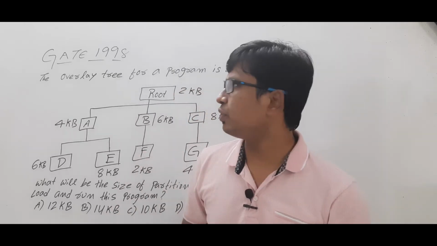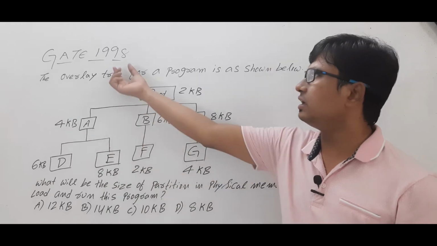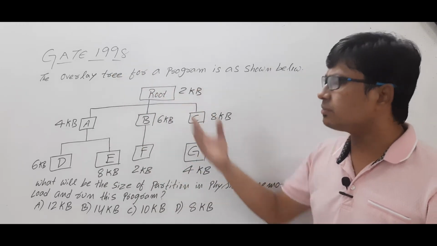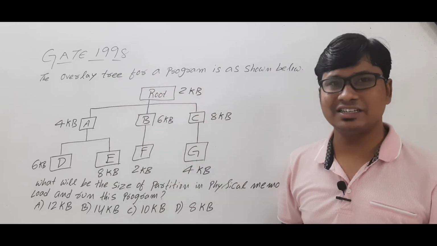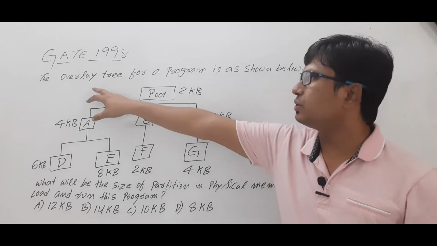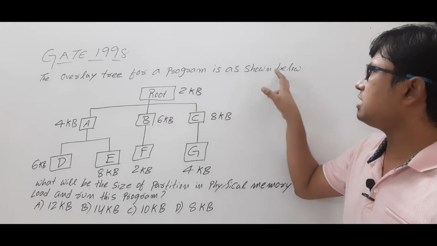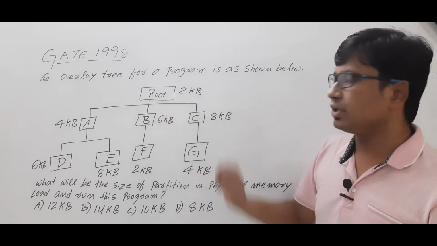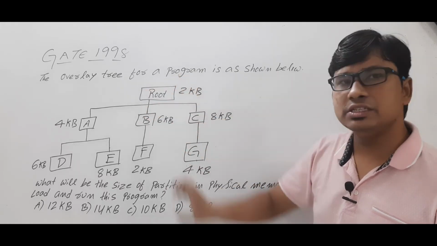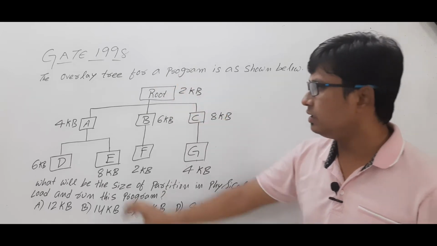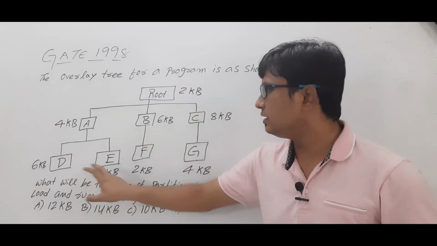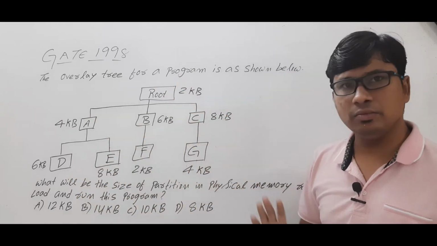Related to this concept, one of the GATE questions was given in the year 1998. First let me read out the question, then I will discuss the solution with you. The overlay tree for a program is as shown below. They have a root. Each one is a module: root is one module, A is another module, then D, E, B, F, C, G are the modules.